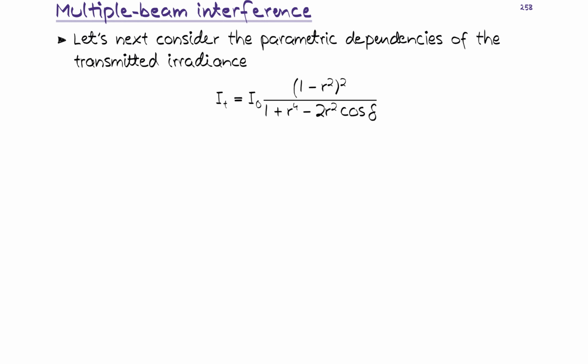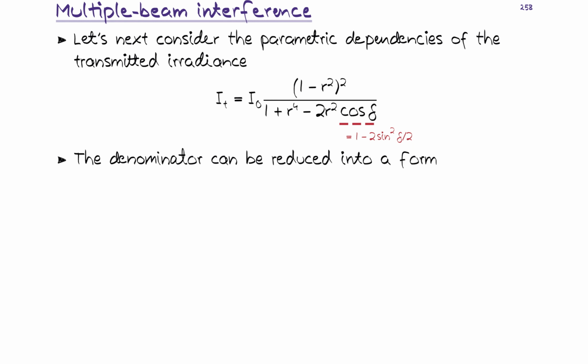Let me now write the cosine delta term, the phase term, differently, so that we can make use of de Moivre's equation and the trigonometric identities, so that cosine delta can be written simply as 1 minus 2 times sine squared of delta over 2. This is already something that we discovered in chapter 6, if I recall correctly.